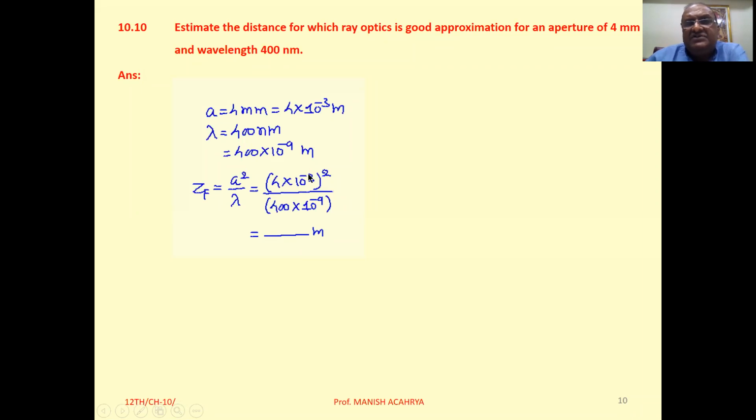Now the Fresnel distance for which the ray optics is a good approximation, that is zF equal to a square by lambda. So substitute the value of a, 4 into 10 raised to minus 3, take square of it upon lambda, 400 into 10 raised to minus 9. You will get the distance, that is the Fresnel distance. Clear?